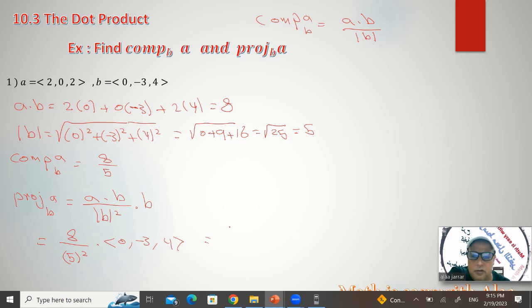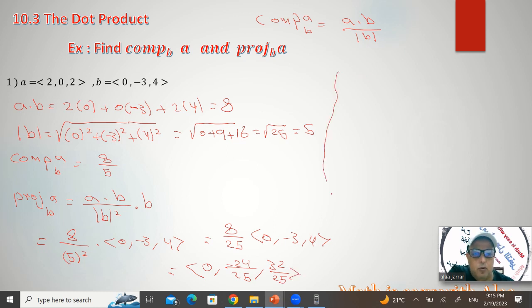This is equal to 8 over 25 times 0, negative 3, and 4. So it's 8 over 25 times 0, 0. 8 over 25 times negative 3 is negative 24 over 25. And 4 times 8 over 25 will be 32 over 25.